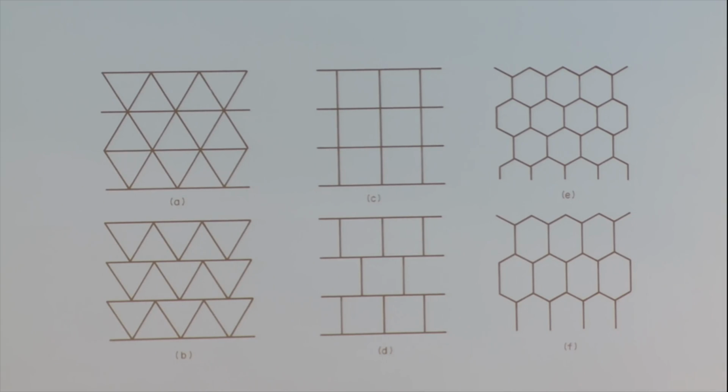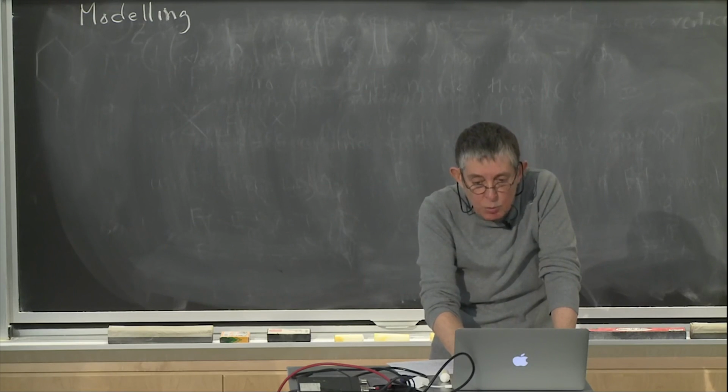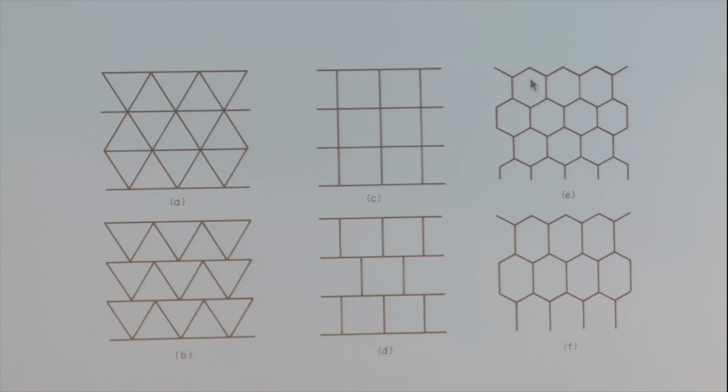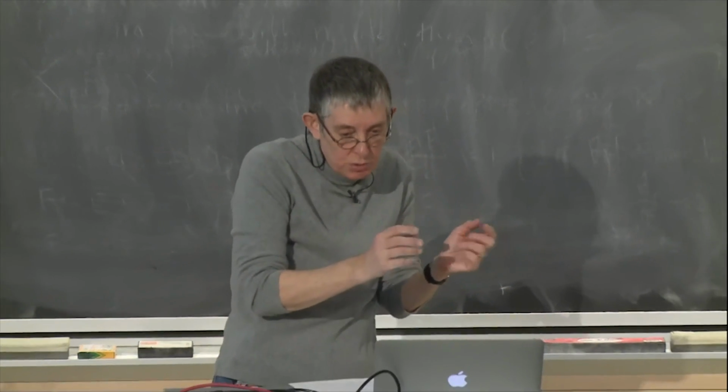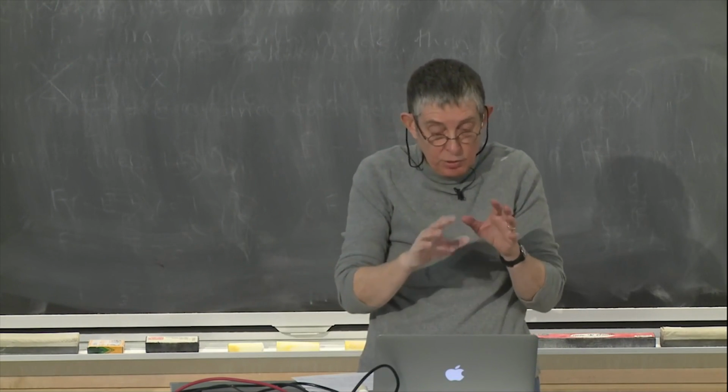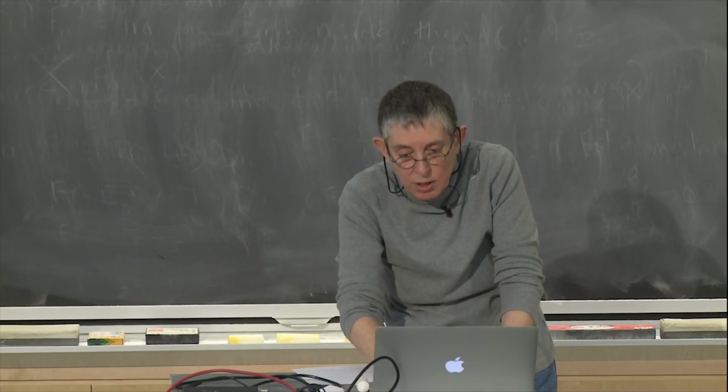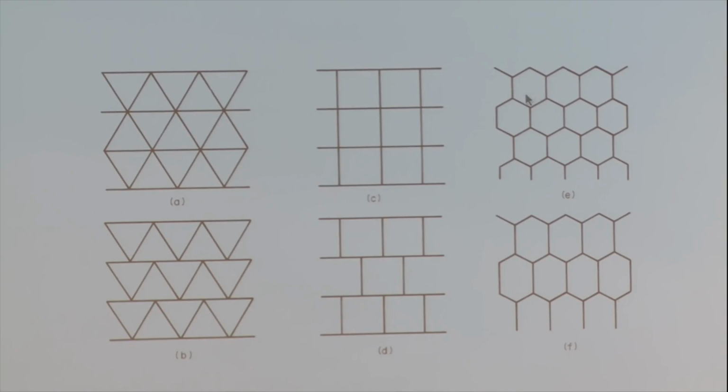But because each edge is shared between 2 faces, the number of edges is actually half that, right? There's one edge, but if I count up the number of sides for this face and I count up the number of sides for that face, I'm counting that twice. So I try to say edges when I'm talking about adding them all up, and I try to say sides when I'm talking about, here's a face, how many sides does it have? It's a little bit confusing.